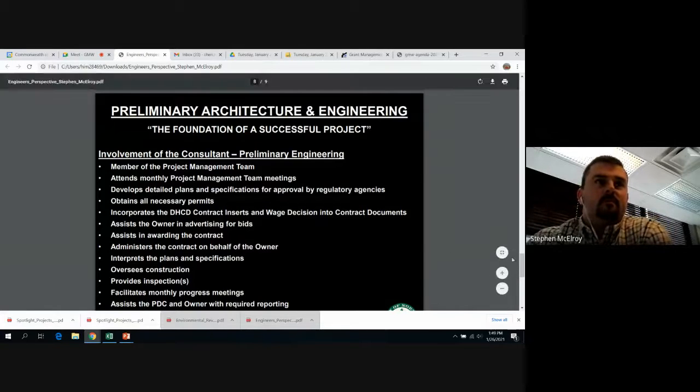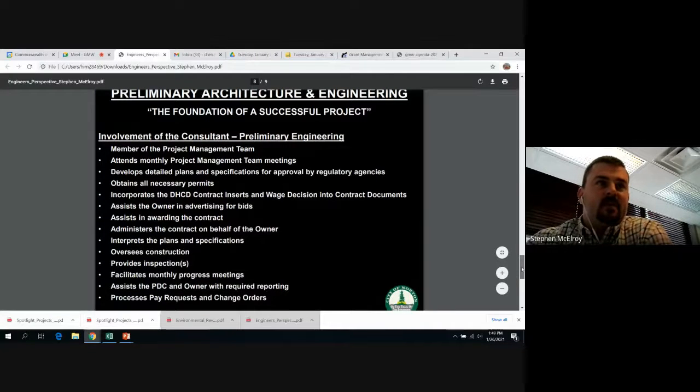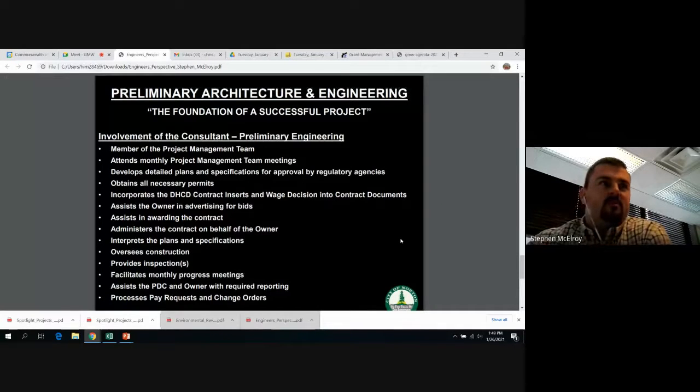Of course, the consultant could be a member of the project management team, attends the monthly project team management meetings, provides updates on the design, where we are, what's needed for easements, permits, and so forth, develops the detailed plans and specifications for necessary approvals of the funding agency and the regulatory agencies, obtains all necessary permits to complete the project, incorporates, just as an example, DHCD contract inserts, or there may be VDH contract inserts, DEQ, and the applicable wage decision into the project manual.